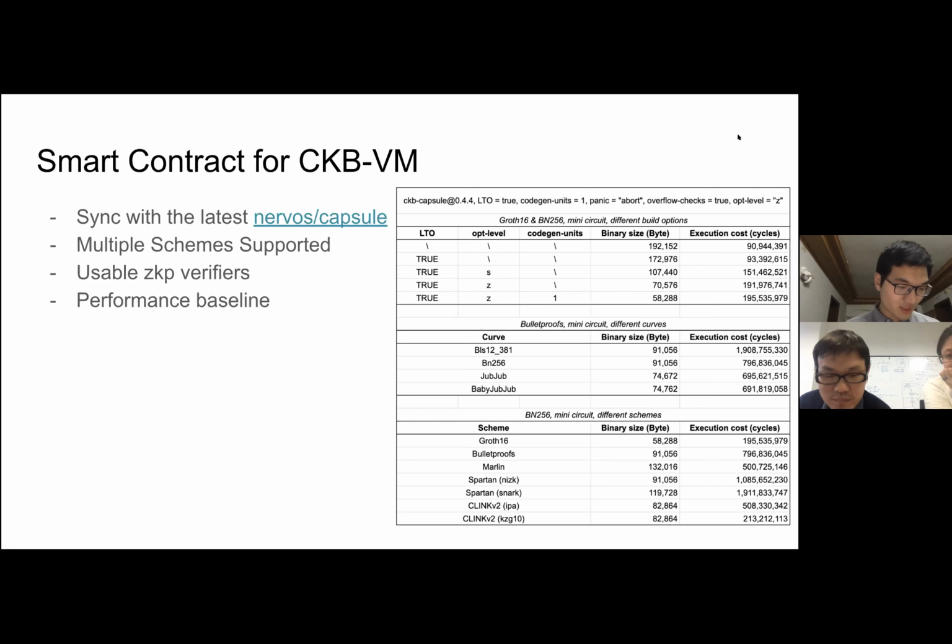About recursive SNARKs, as far as I know, they require cycles of pairing-friendly curves. But Jubjub is not a cycle. It just enables you to embed one curve into another. They're not cycles.